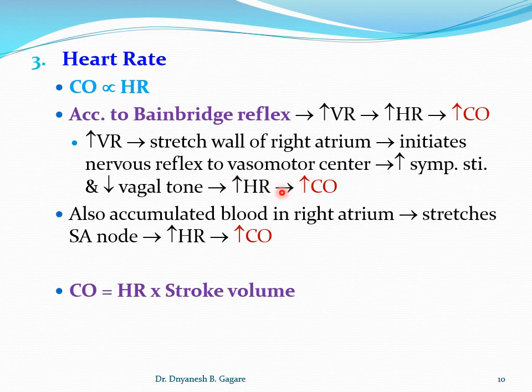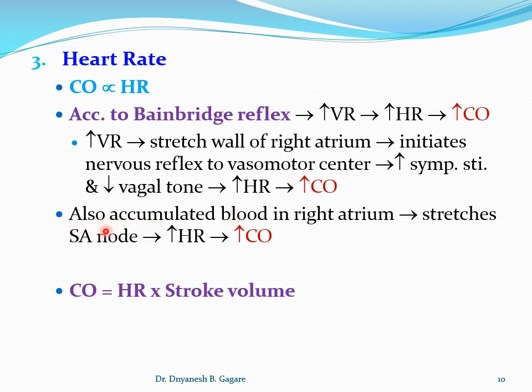How much of the heart rate increase is due to this? Out of the total, 85% of the increase in heart rate is due to the Bainbridge reflex, and the remaining 15% is increased by another mechanism. And what is this mechanism?